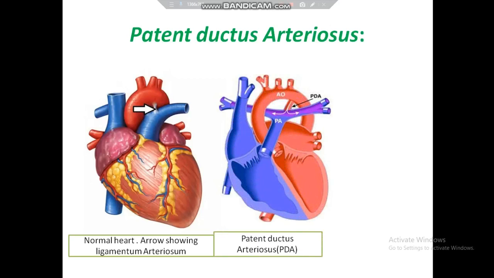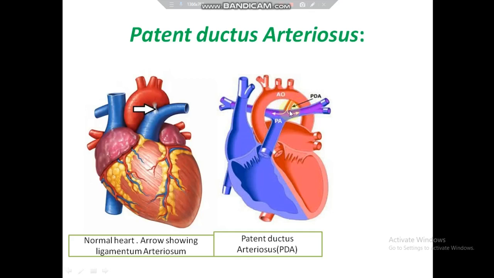Now sometimes this ductus arteriosus doesn't close after birth. It immediately closes after birth, but in some cases it doesn't close. So that condition is known as patent ductus arteriosus or PDA. Now this PDA is an important entity because when the blood flows through the pulmonary artery, there may occur shunting.